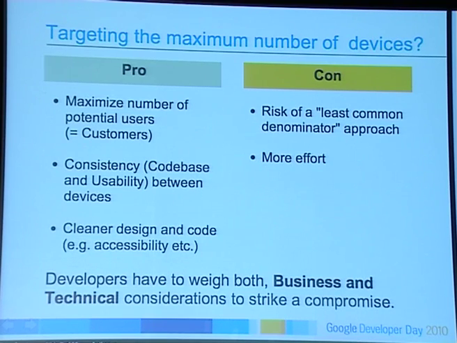So what are the pros and cons? Well, some of them are obvious. When you target a lot of devices, you maximize your number of potential customers. But I also think if you write code that is portable, and if you write code that runs well across different versions of Android, it ultimately leads to better code, which is more maintainable.